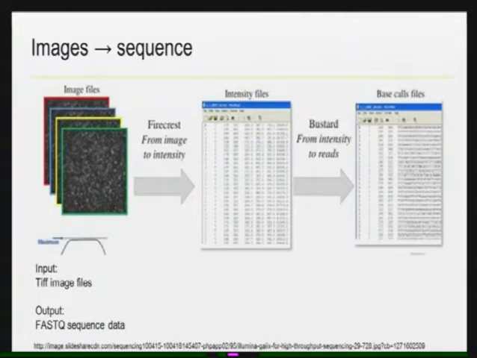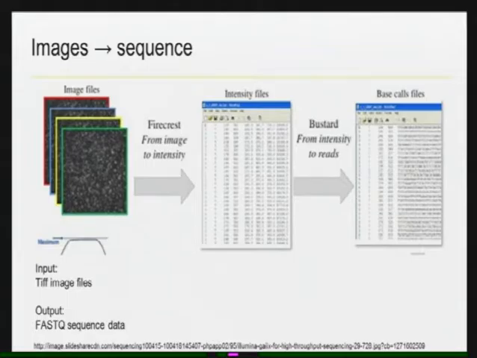Okay, so now we have these TIFF images that are the input for the next step. I apologize that those two figures there are not really legible, but what I want to illustrate is that you go from the step of an image, and now we need to turn it into sequence. So the next step is software that's going to take your position and look at the image, look at each position, and convert the values there into intensities for each color that fluoresces.